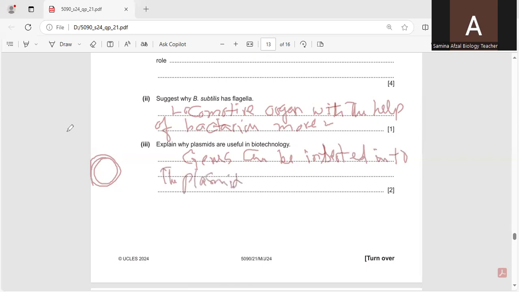So in biotechnology, the plasmids are very helpful, as we can insert the required genes into the plasmids, and these plasmids, again, we can put back into the bacterium where they multiply, and in this way we can manufacture the products of our desire.